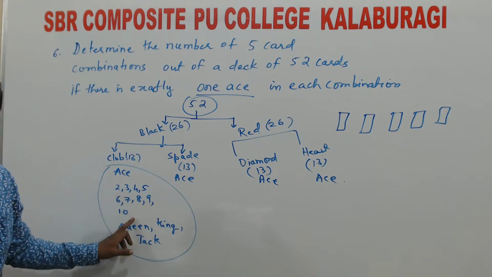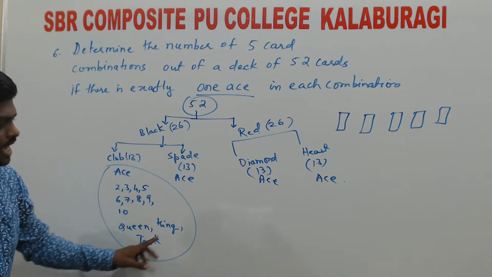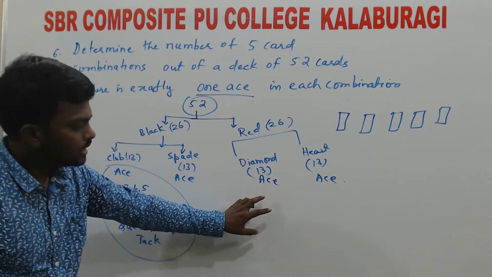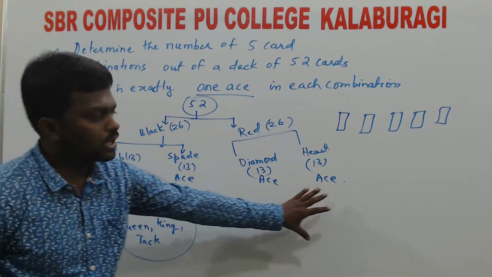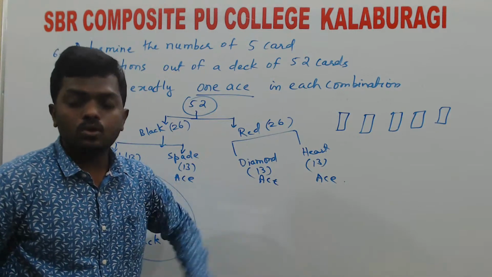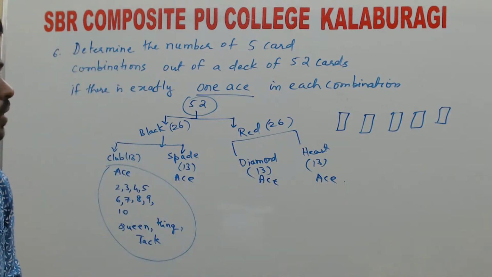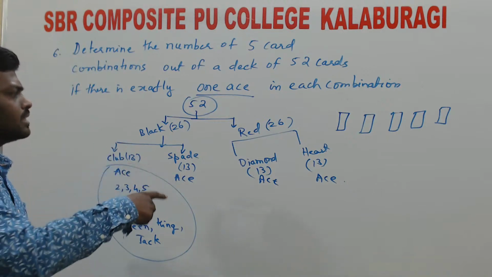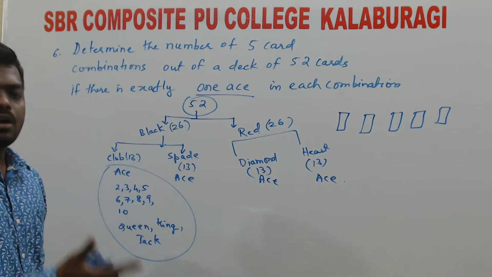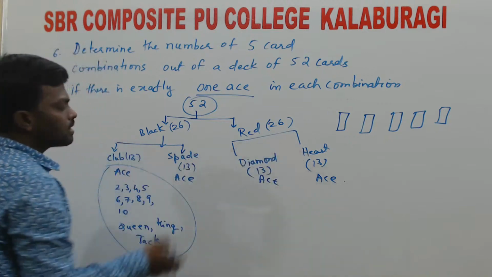The same thing will be present in each suit: ace, 2 to 10, then queen, king, jack. But here the question is regarding only ace, and they didn't mention black or red, or diamond, heart, club or spade.